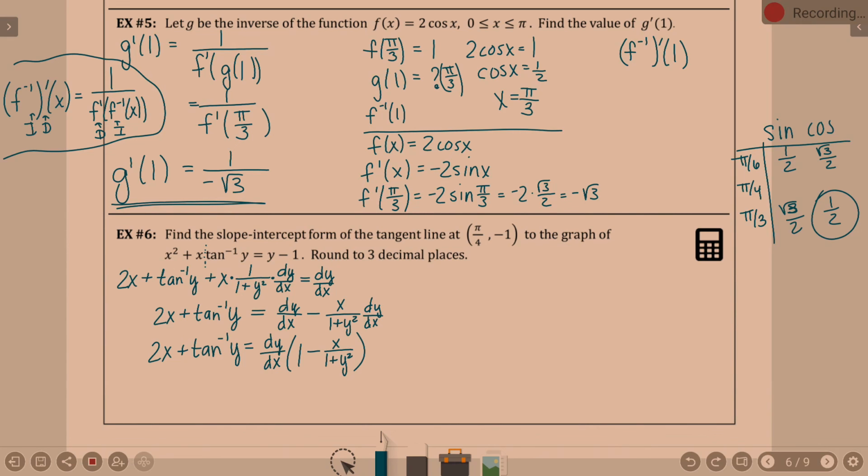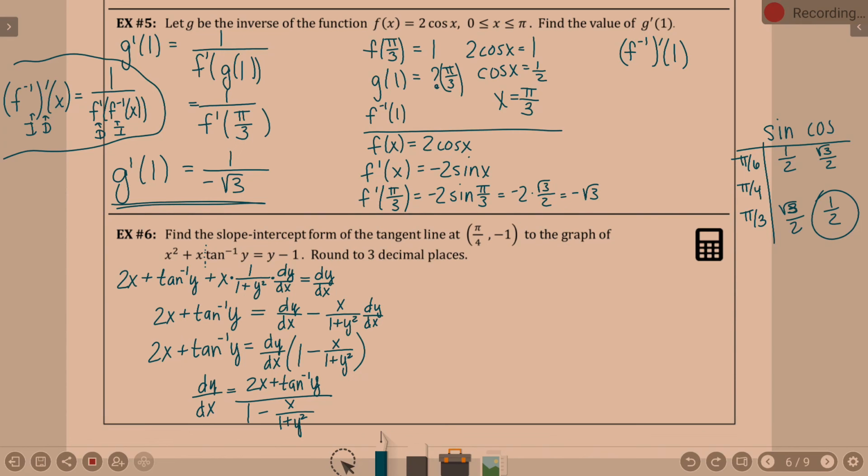Now I'm ready to solve for dy dx, which is going to be the 2x plus tan inverse y over 1 minus x over 1 plus y squared. Yep. We have our derivative, as fun as it might be.